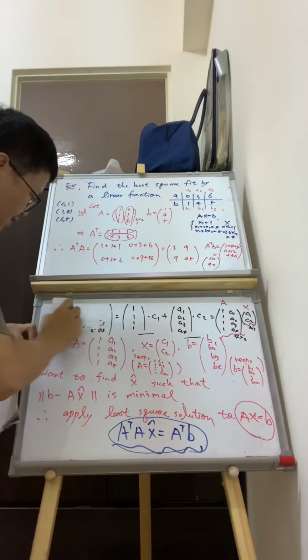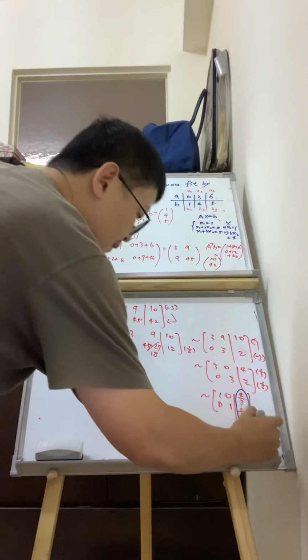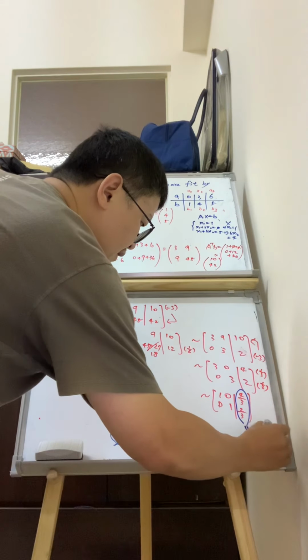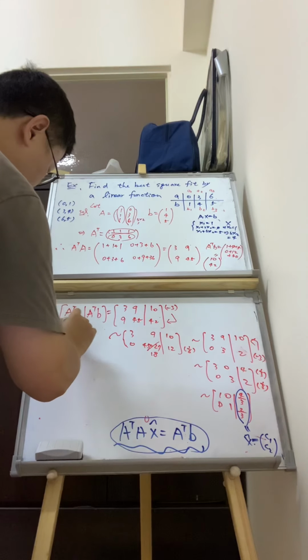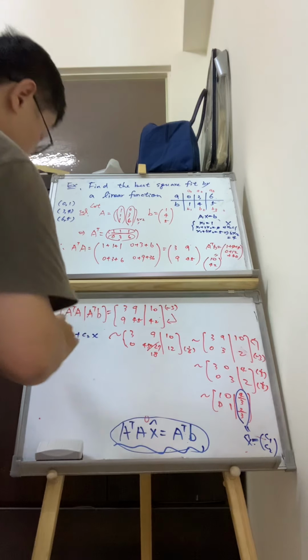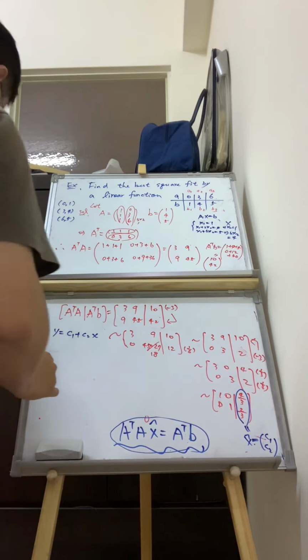It's what we want as x hat. But x hat is exactly our C1, C2. You should remember that our original form is y equals C1 plus C2x. So C1 is 4 over 3.